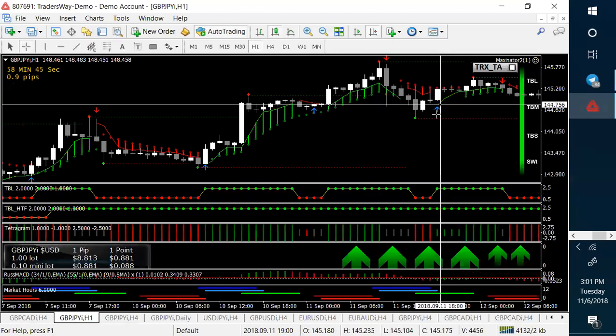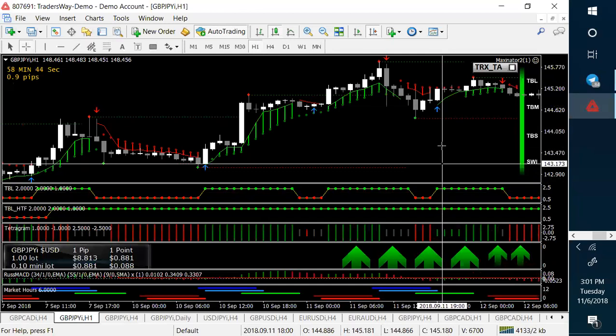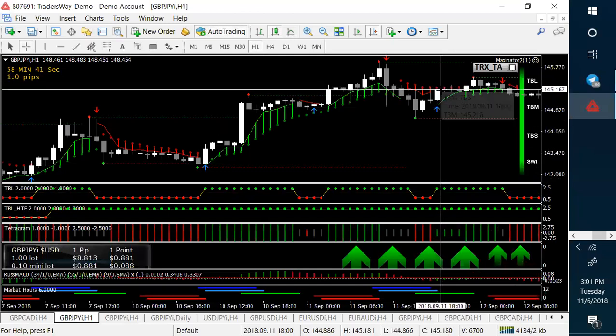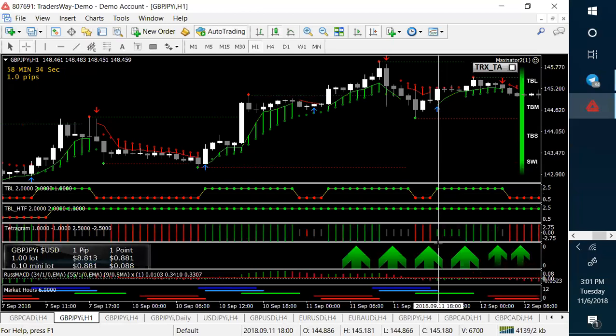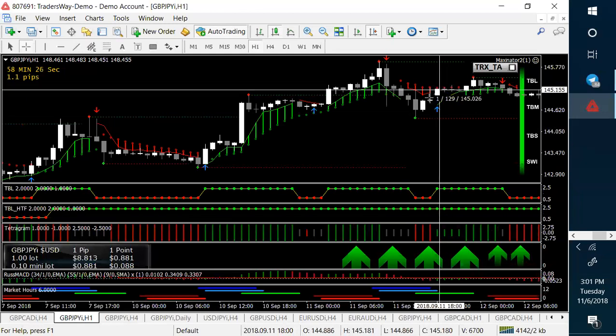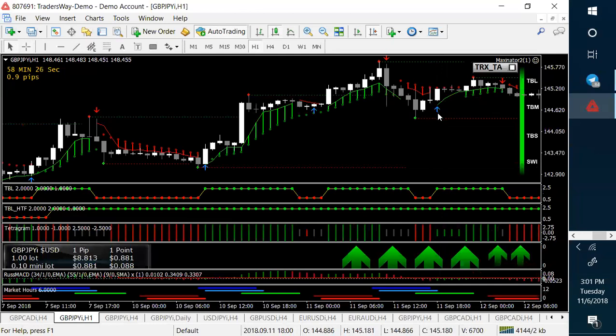Confirmation from the short and the long, but not the medium. So we've got 3 of the 4 indicators telling us yes. If we're still wondering, should we go or not, you can see that the tetragram is also giving us a signal. So Max would have said it's okay to go long. So we're going to take this for at least 59 pips.